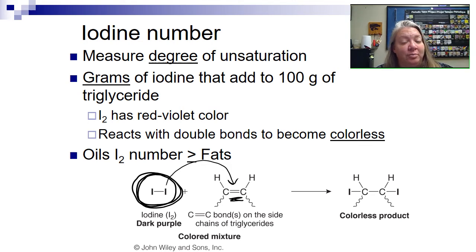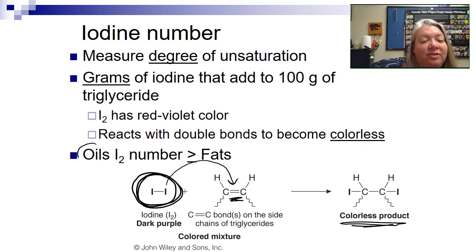They're actually going to form bonds, and it breaks that double bond. When it does that, instead of having iodine be this dark purple color, it's going to make something that no longer has any color. So the more double bonds, the more iodine is going to be changed. The more iodine that's changed, well, that's the more iodine that could have been added. The iodine number is higher.